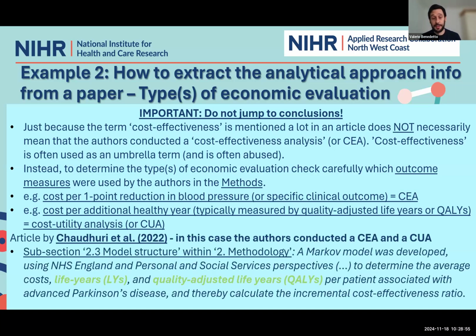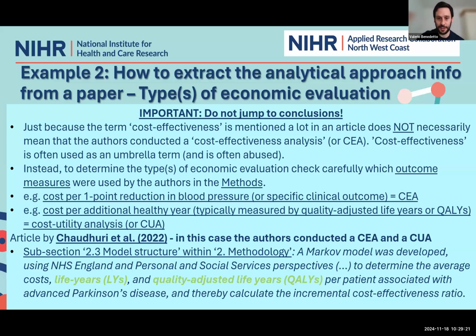In the article on advanced Parkinson's disease, which I mentioned before, the authors conducted a cost effectiveness analysis and a cost utility analysis. So you also need to remember the types of economic evaluation are not mutually exclusive. Authors can do a cost effectiveness analysis, cost consequences analysis, cost utility analysis. Okay, so they can do any number of economic evaluations they want to do.